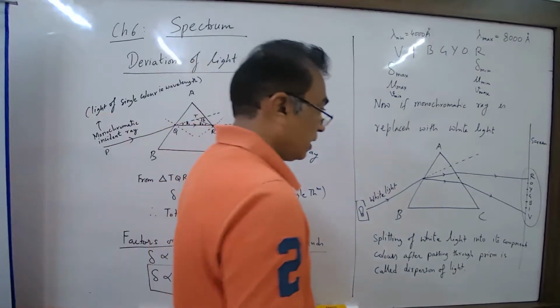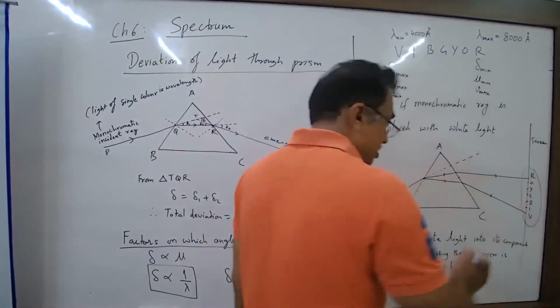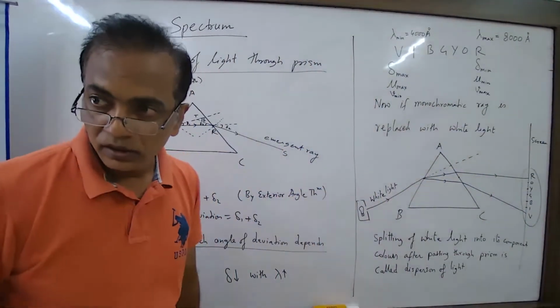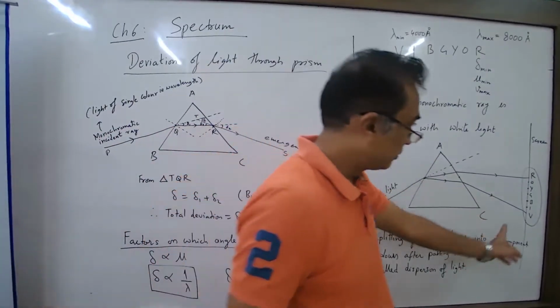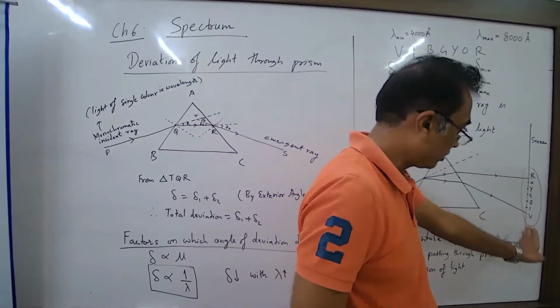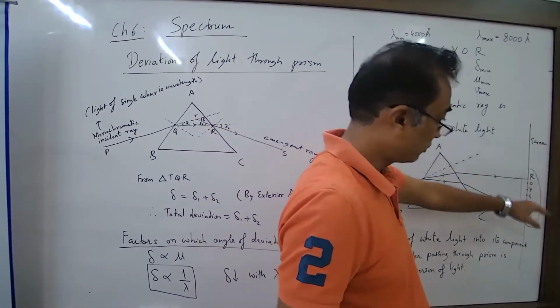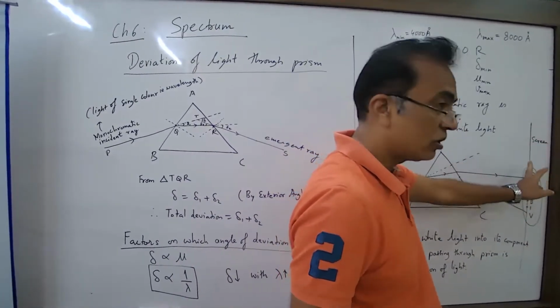And the arrangement of these colors in decreasing order of wavelength, if you look from top to bottom, or increasing order of wavelength, if you look from bottom to top, is called spectrum.